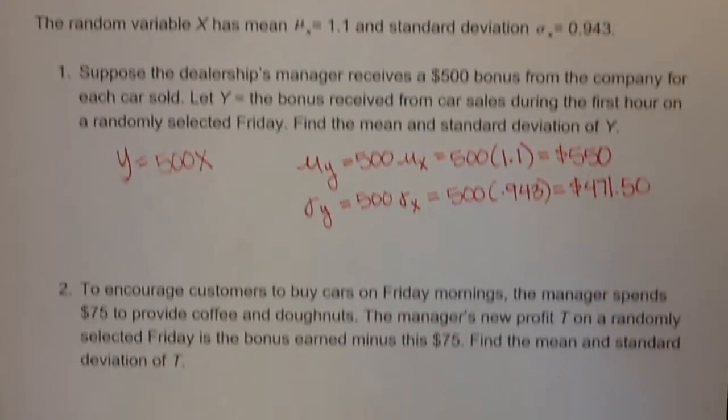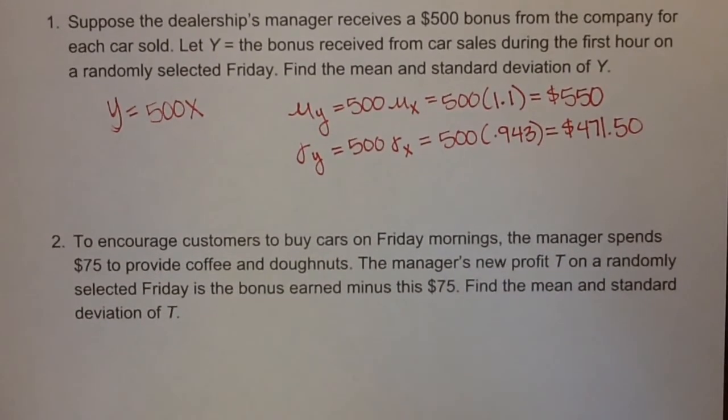All right, so moving on to number 2. It says to encourage customers to buy cars on Friday mornings, the manager spends $75 to provide coffee and donuts. The manager's new profit T on a randomly selected Friday is the bonus earned minus the $75. Find the mean and standard deviation of T. Remember, we're still dealing with the manager who's earning that bonus, so we're dealing with the variable Y, and now we introduce this extra part where he's buying the coffee and the donuts.